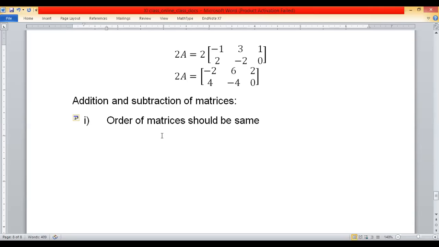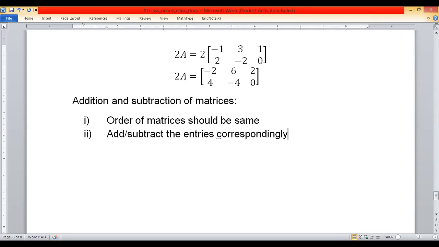Otherwise you can't add. Number two, add or subtract the entries correspondingly. ठीक है.